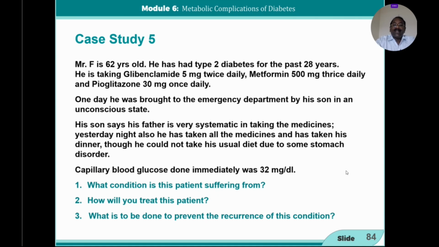What is to be done to prevent the recurrence of this condition? So this is very important. Your education is very important. Better to avoid sulfonylureas because sulfonylureas cause long-standing hypoglycemia, especially glibenclamide. So don't be happy after the correction of the blood sugar from 32 to 200 with 20% dextrose.